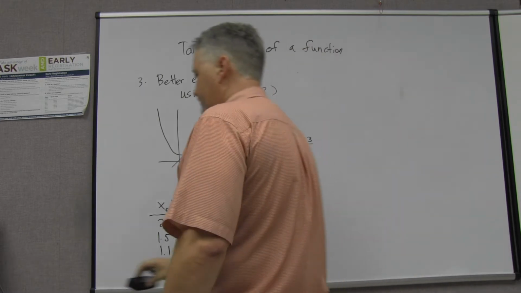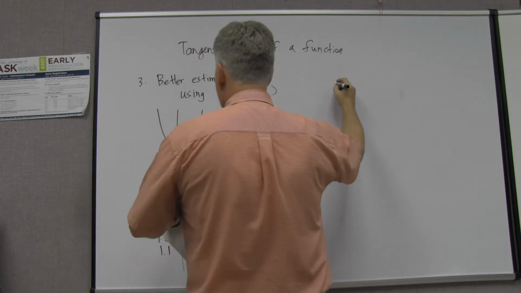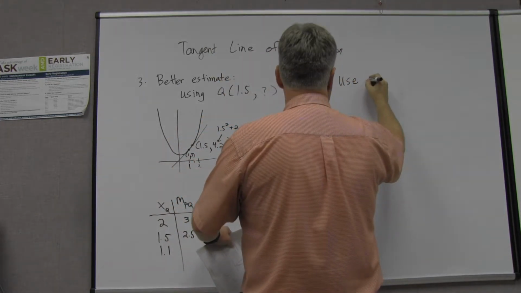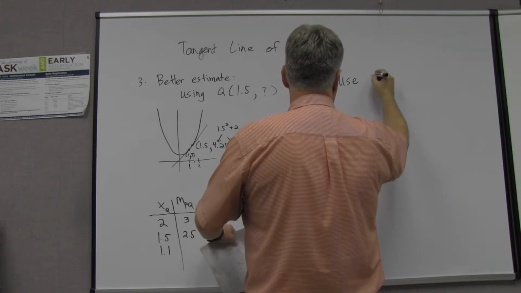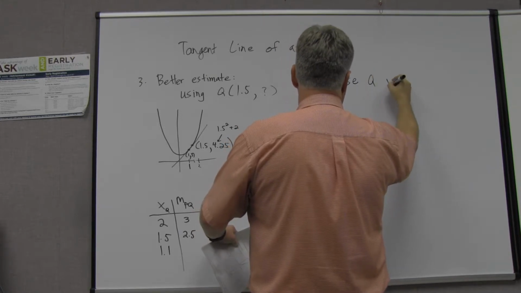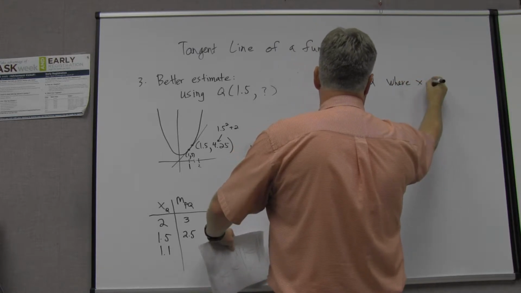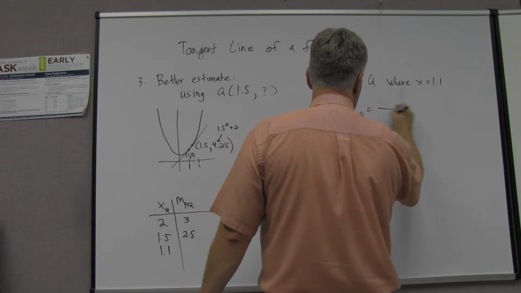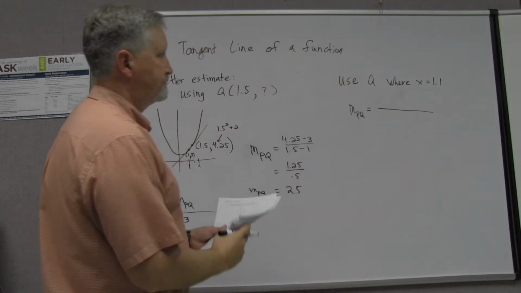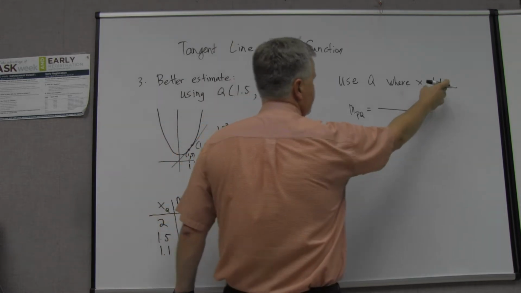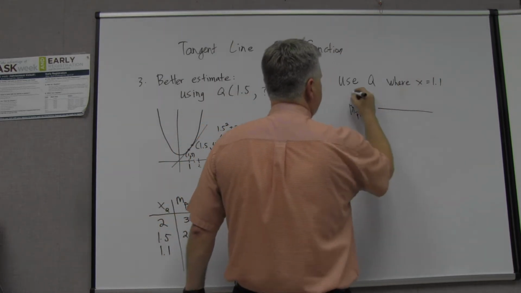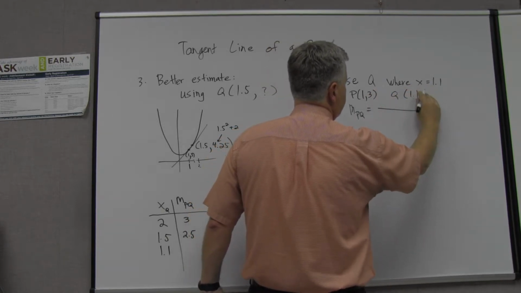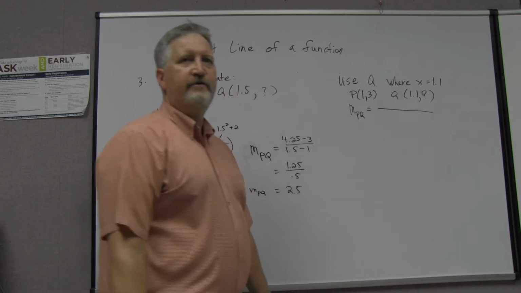What's my m_PQ? All right, so now I'm going to use the Q point where x is 1.1. So what's the m_PQ there? Well, I've got my x value, so for the difference of the x values, again, P is (1, 3), and then Q is 1.1, comma, whatever y value goes with that.